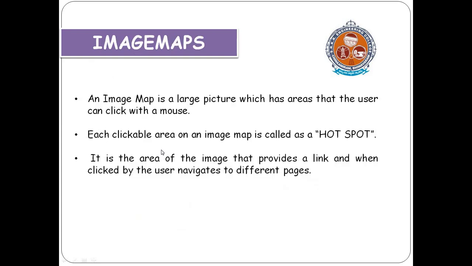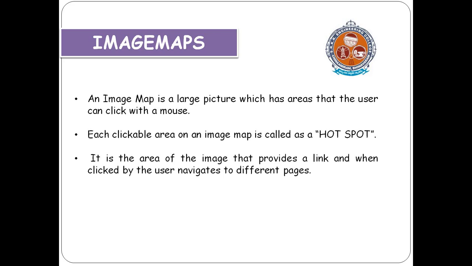Okay. Then image map. An image map is a large picture which has an area that the user can click with the mouse. Whenever you click on an image, automatically another page will be called. That is nothing but image maps. Each clickable area on an image map is called a hotspot.